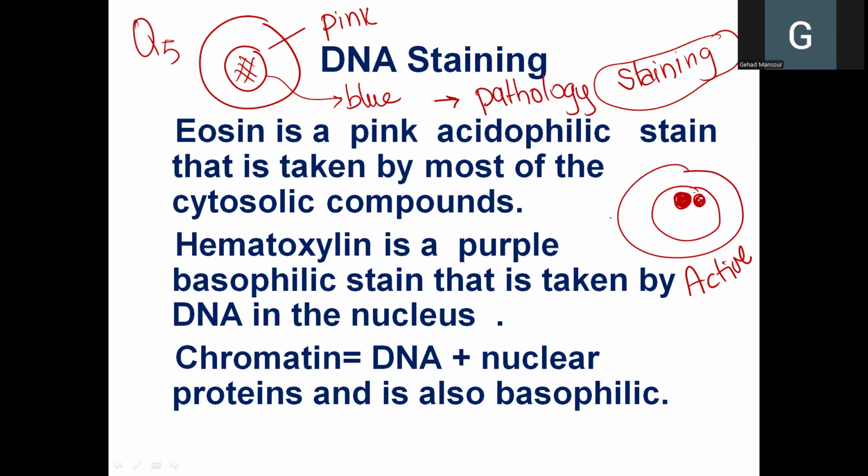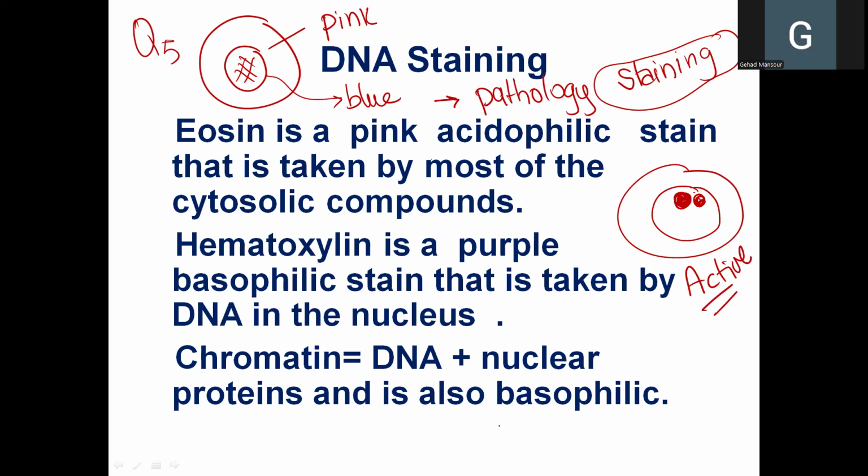And if you see the tissue crowded with blue nuclei, because sometimes you only see the nucleus and do not see the cytosol around, this might be an indication of malignancy. So what's the origin of the pink color?